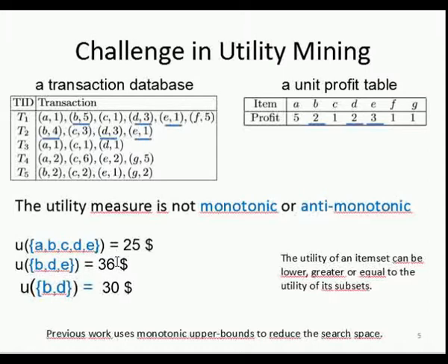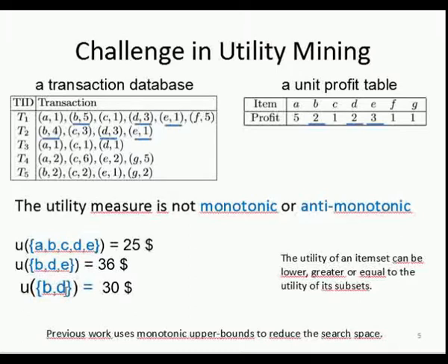Okay. So for example, here we have BDE, $36. If we look at the superset of BDE, like A, B, C, D, E, it has a smaller utility, $25 only. And the subset of BDE, like BD, can also have a smaller utility than BDE.